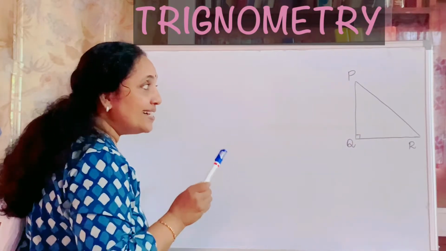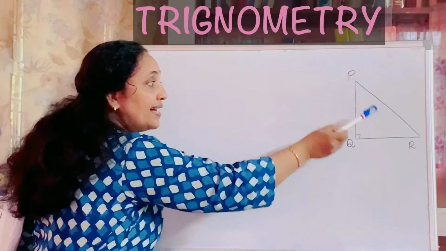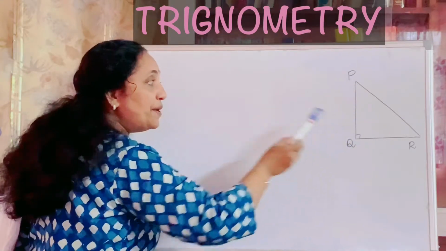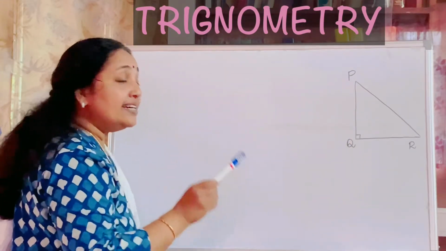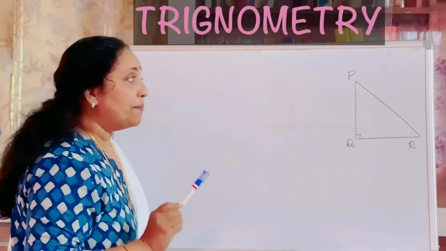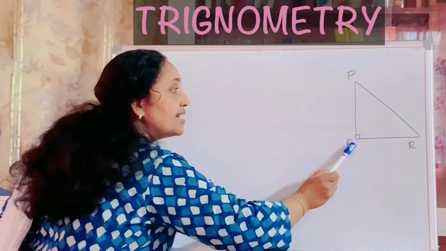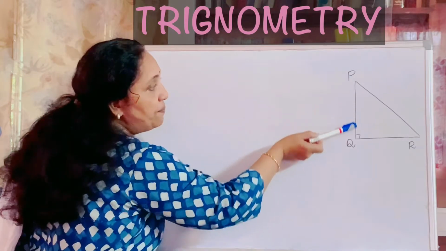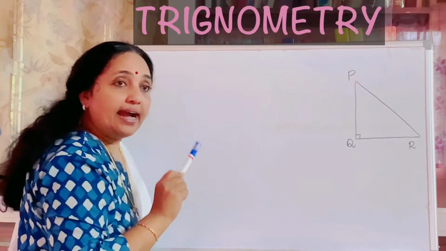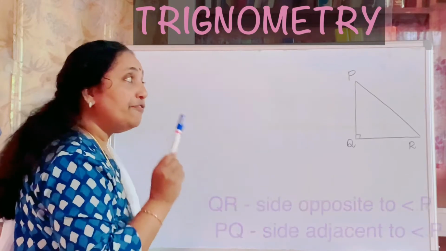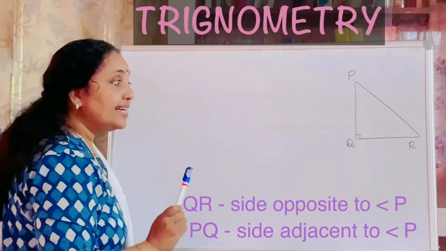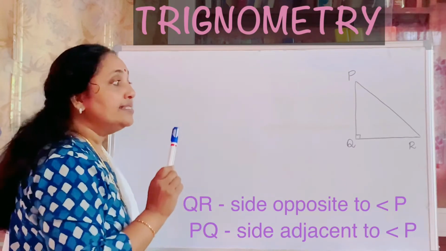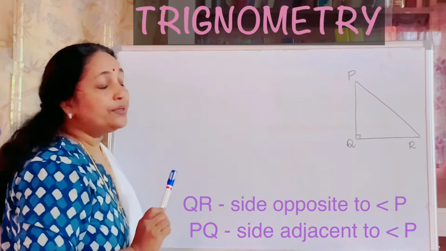Side PQ is nearer to angle P than QR, isn't it? Yes. That means this side PQ is the side adjacent to angle P. So if we consider angle P, side QR is opposite to angle P and side PQ is adjacent to angle P.